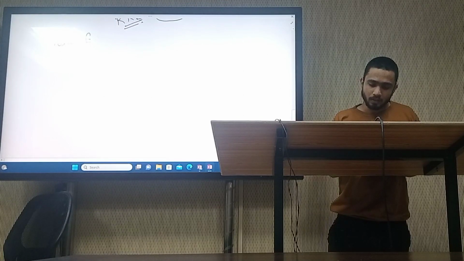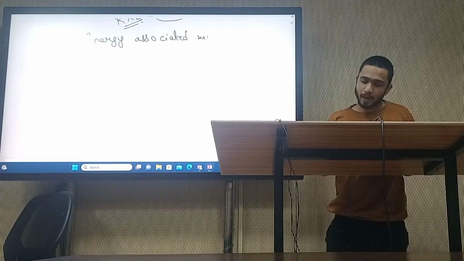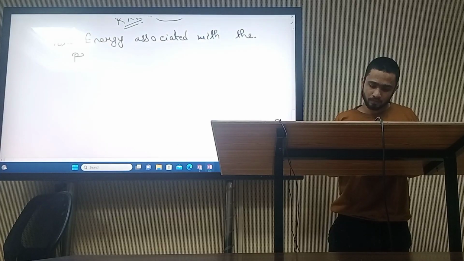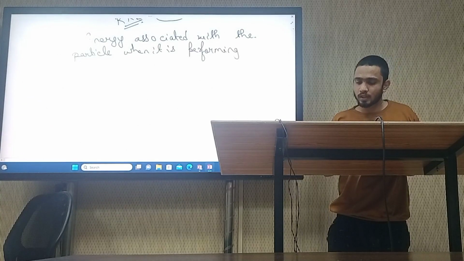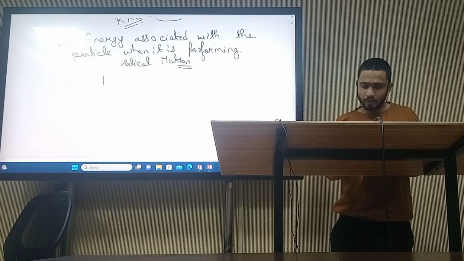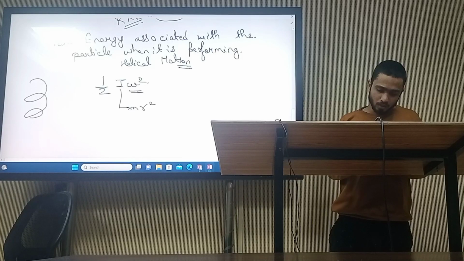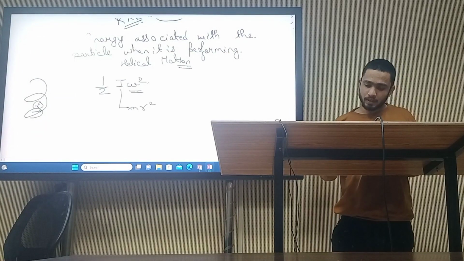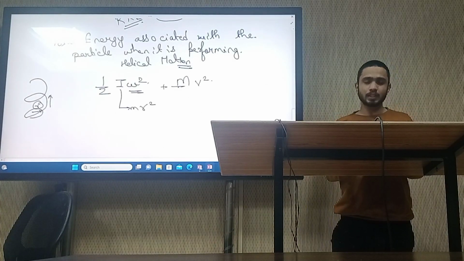So the total energy associated with the particle when it is performing helical motion will be half I omega square, where I will be m r square, suppose that r is the radius of the helix, plus half m v square.